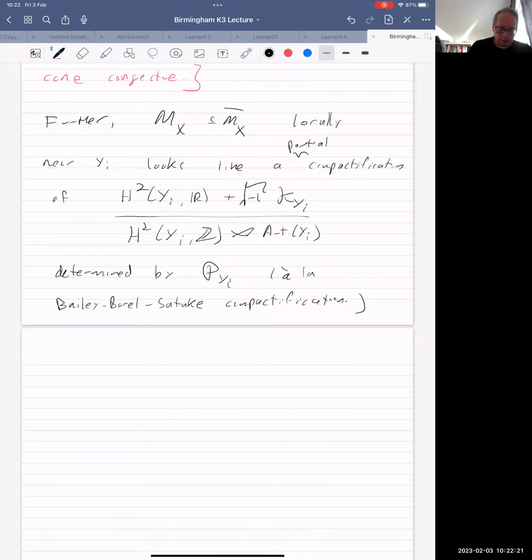And the first point is that we now know, with work of myself and Siebert in papers from 2019 and a slightly different approach from 2021, we have general constructions for mirrors associated to maximally unipotent degenerations.